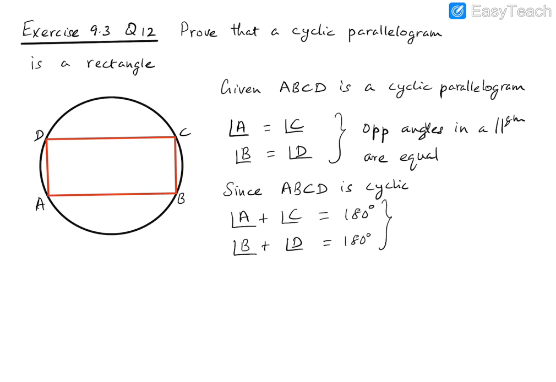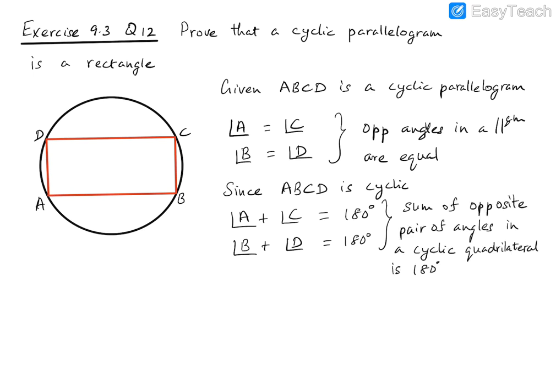Again, that's because sum of opposite pair of angles in a cyclic quadrilateral is 180 degrees. So let's write that. So now, combining these two pieces of information, that the sum of the opposite angles is 180 degrees and that the opposite angles are also equal, so we can now say that therefore angle A is equal to angle C equal to 90 degrees.